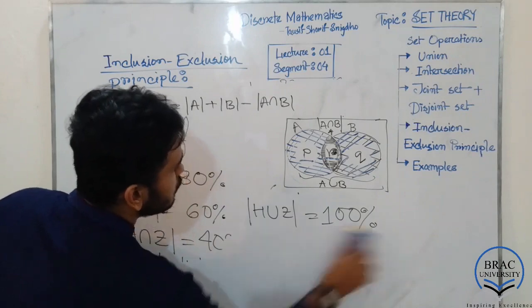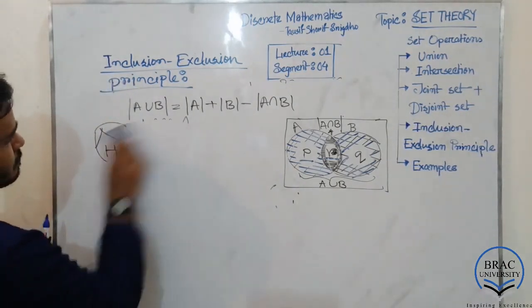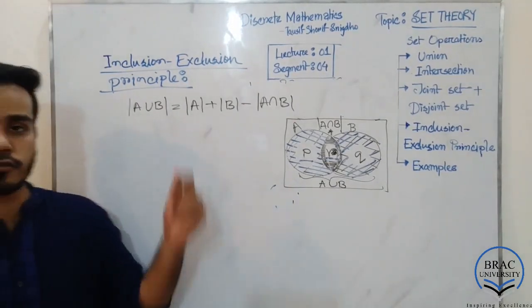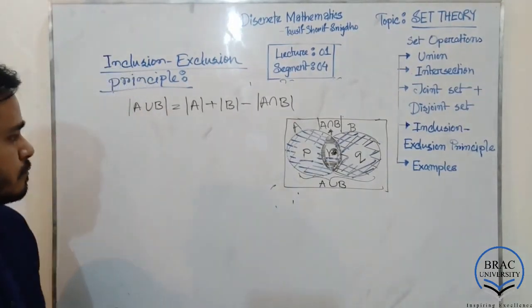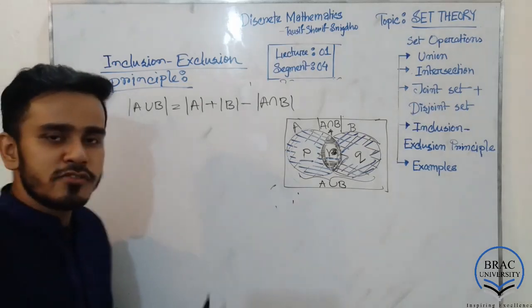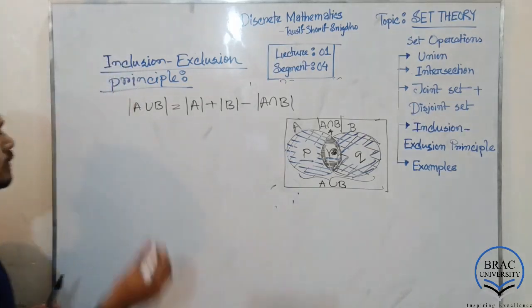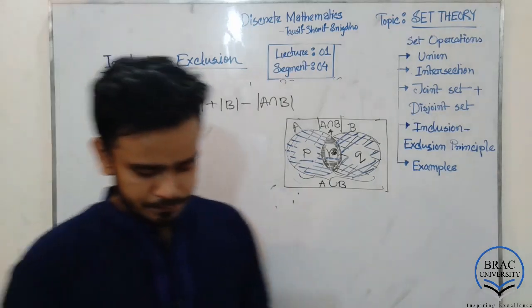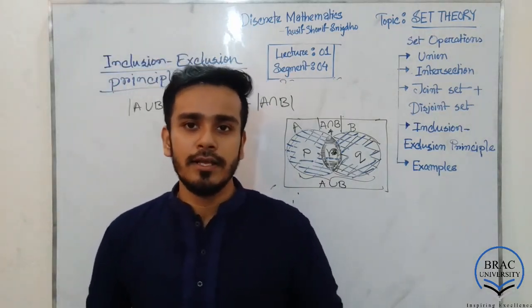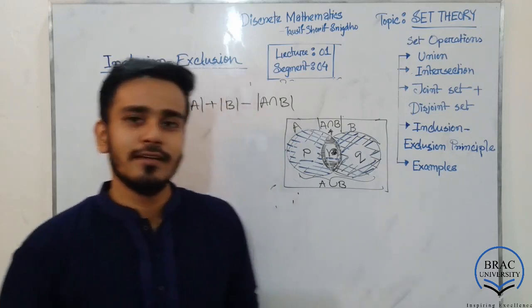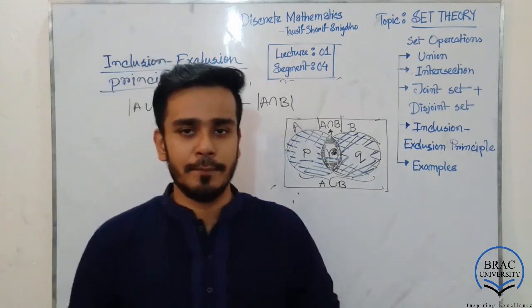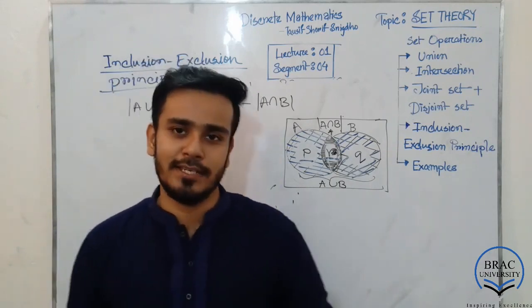Okay, let's move towards another problem where we can use the inclusion exclusion principle, right? It is known that 70% of Brahmanbarian people can make dalgona coffee, and 50% of Brahmanbarian people can make jalebi.